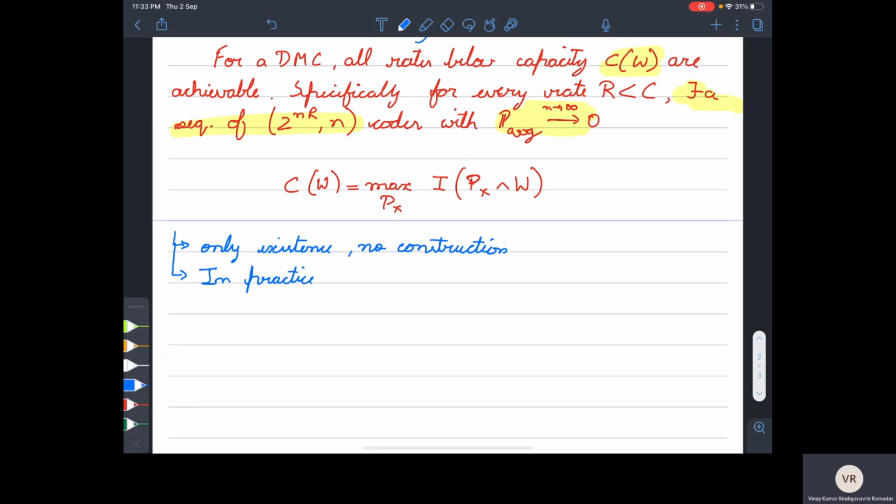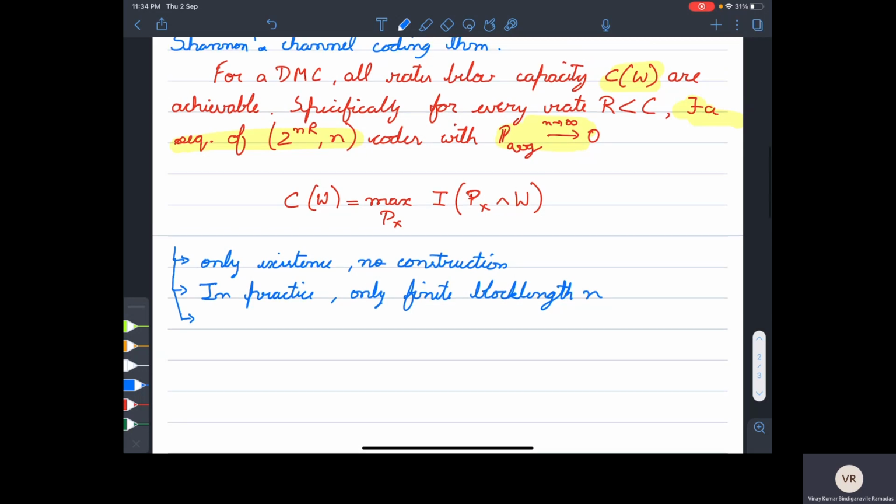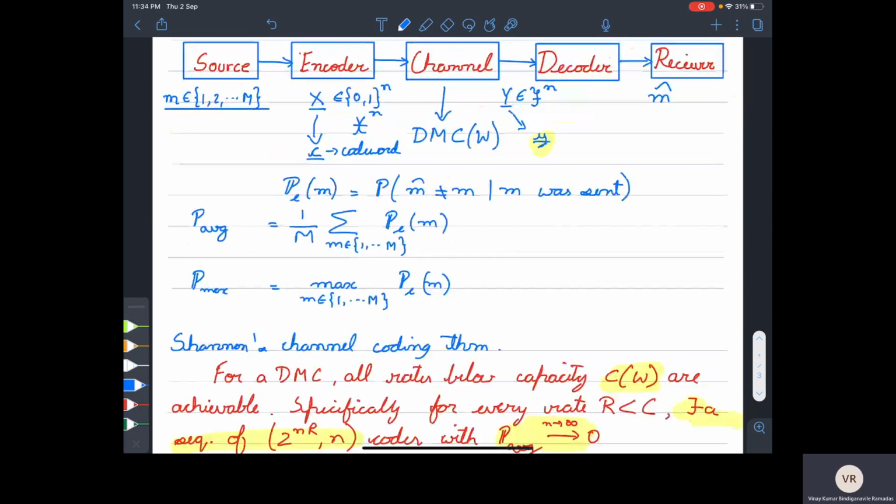So in practice, only finite block length, and so what can you say in such a scenario? Moreover, in practice, you also need the encoding and decoding mechanisms to be simple.